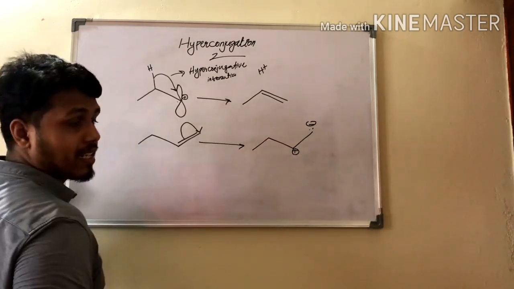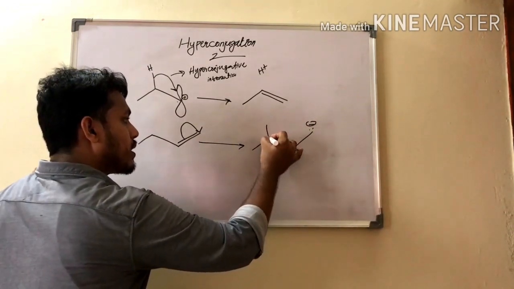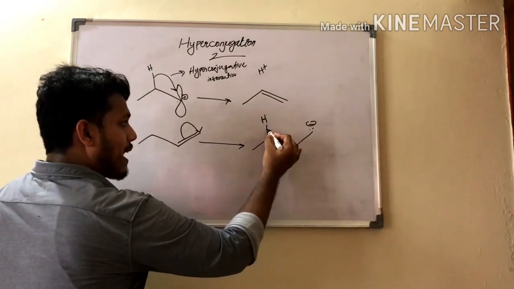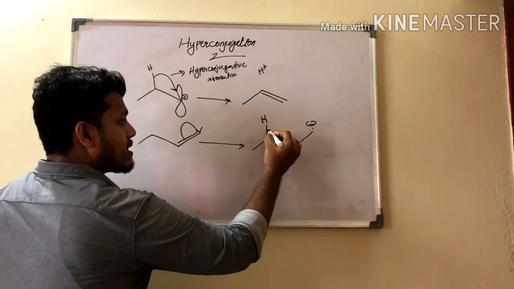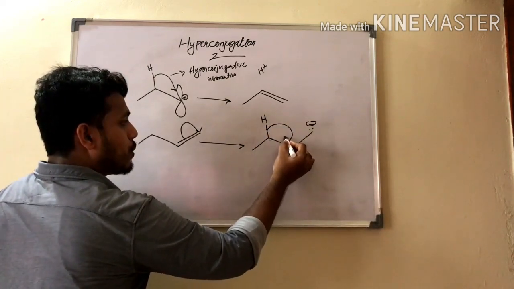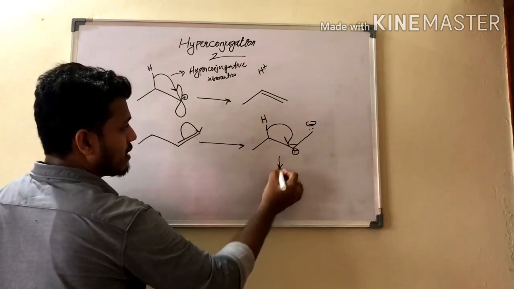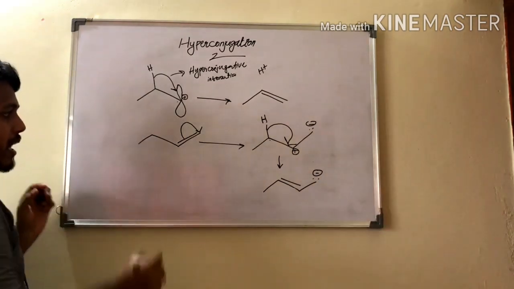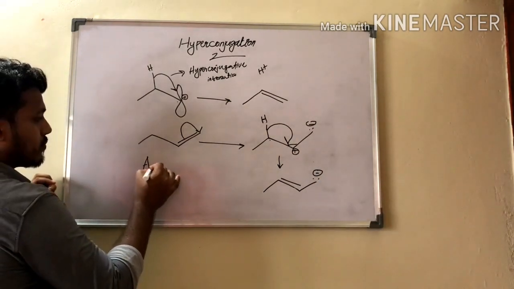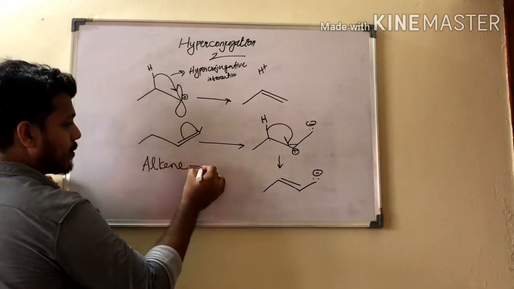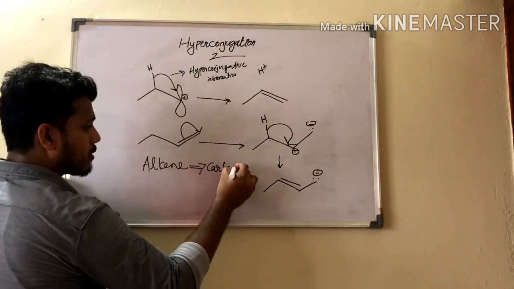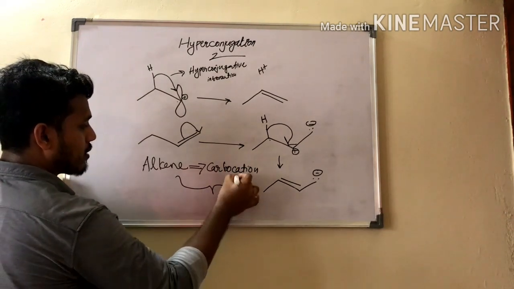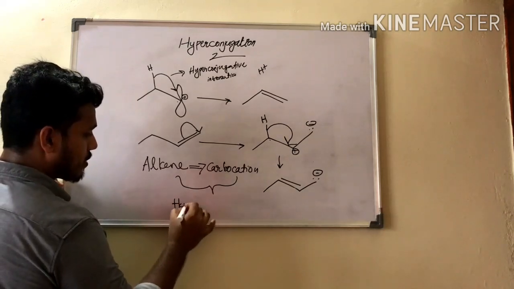So here also you can see hyperconjugation. How? Here in the second position you can see hydrogen. This CH hydrogen sigma bond can move into pi character. As a result, you will end up with this structure. So whenever you have an alkene that gives you carbocation, you can expect hyperconjugation.